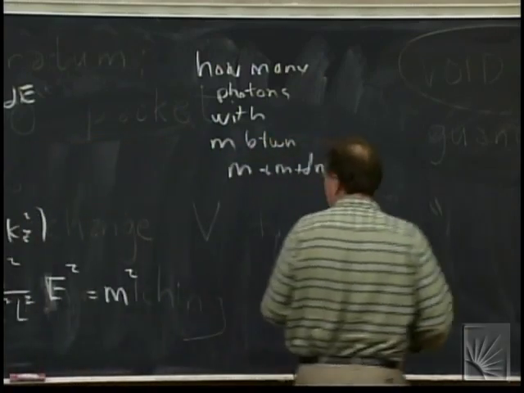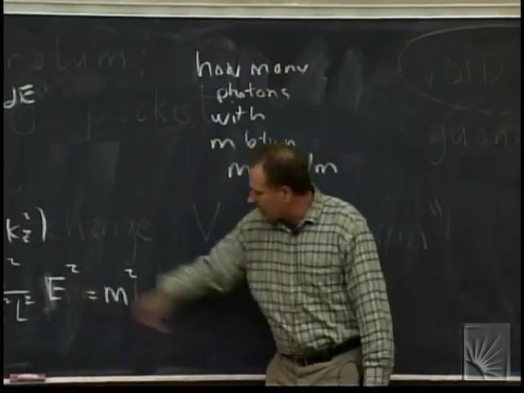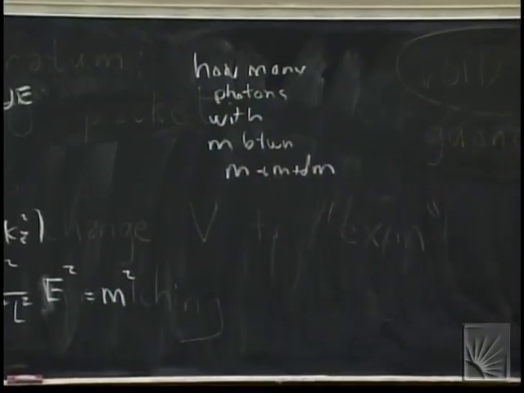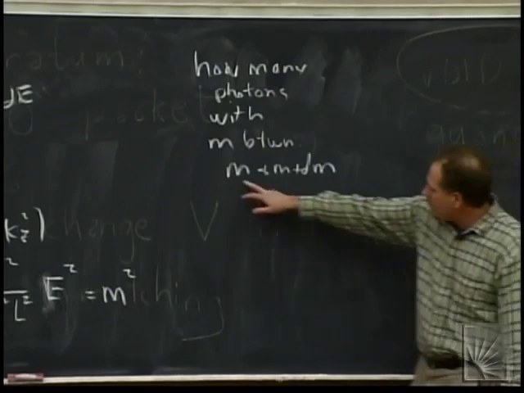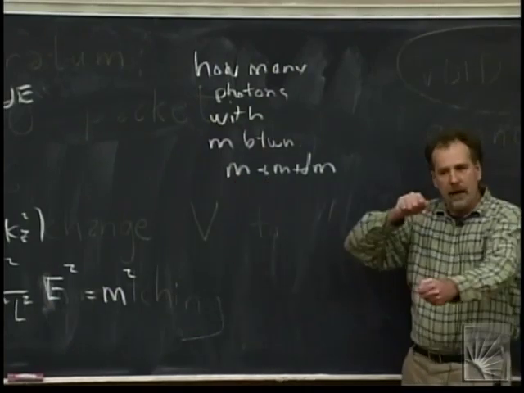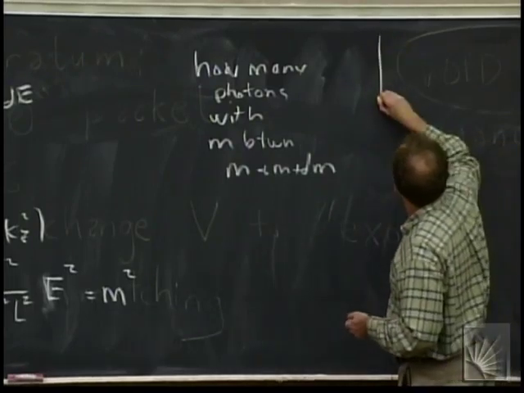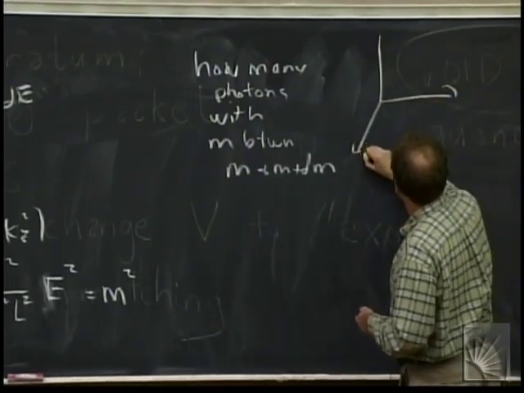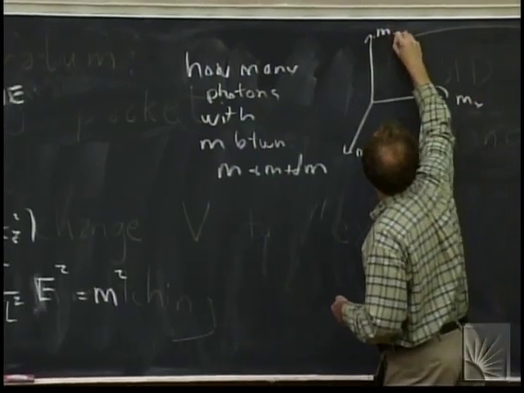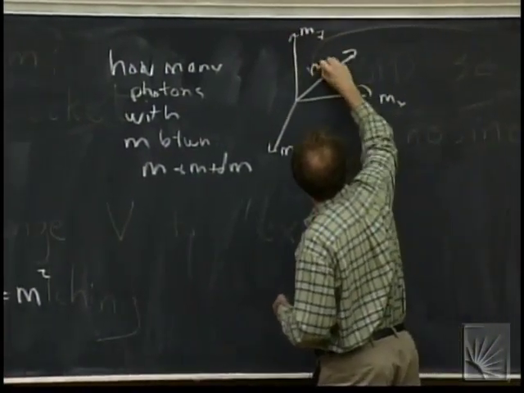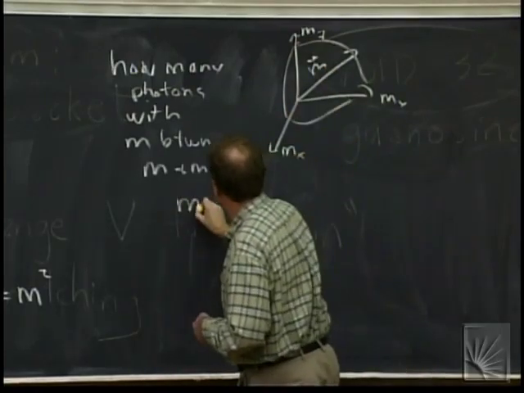And this is relating a vector I make out of those mx, my, and mz's to energy. So I ought to ask how many photons there are in some range of m here, and m now means the vector magnitude, in a space of mx, my, mz, where all the m's are greater than 0.